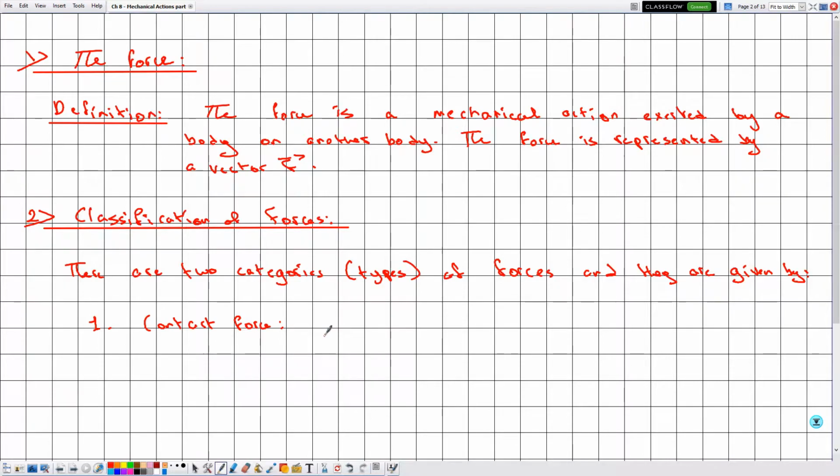Some examples of contact forces are the normal reaction, another example, upthrust force, and actually this is an unending list. We can see also the tension force.